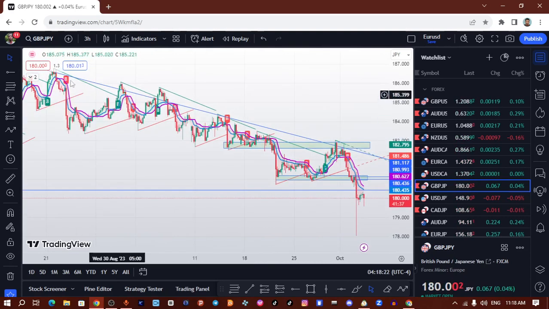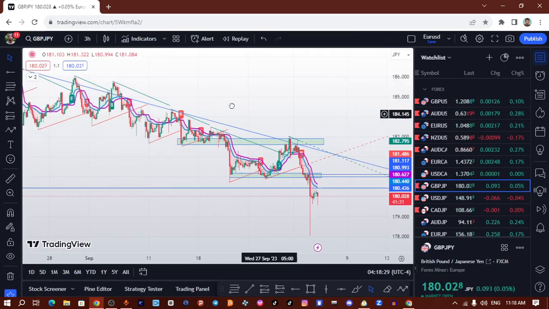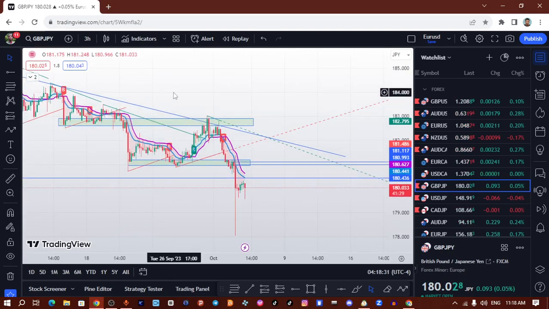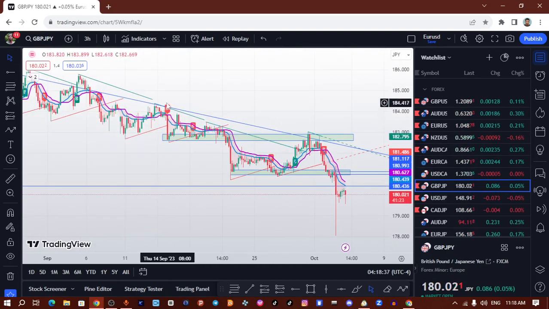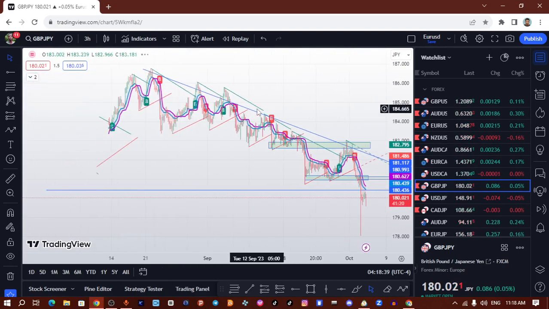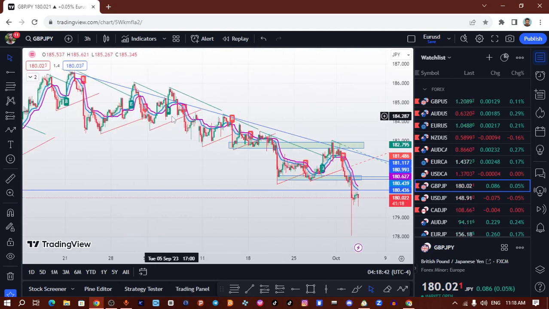And the general trend, as you can see, is falling. The yen pairs are falling, except the USD JPY and Canadian. This GBP is really melting down.